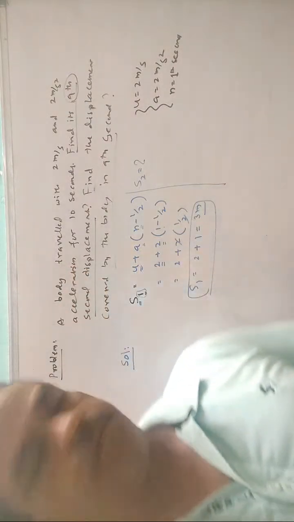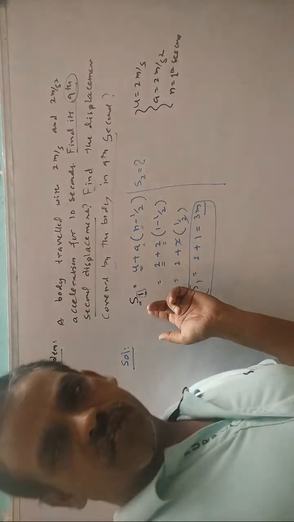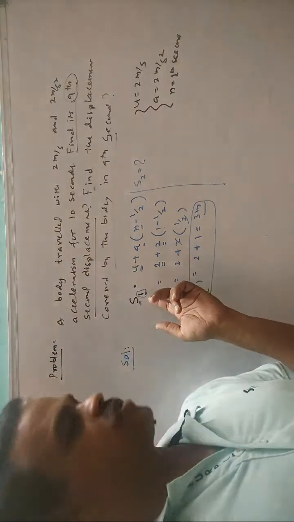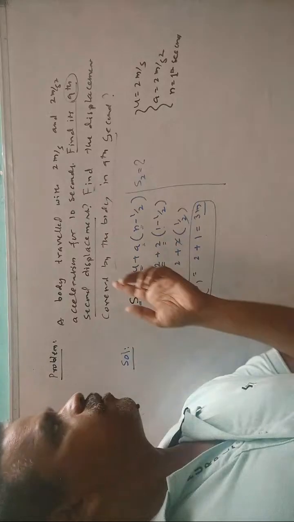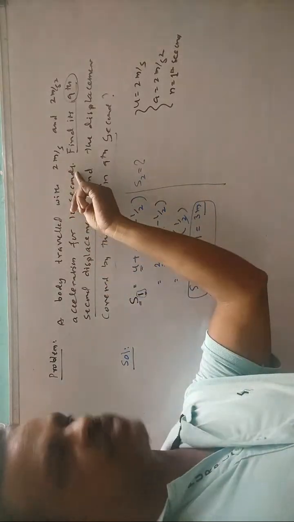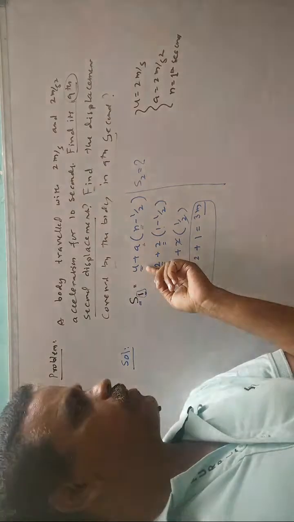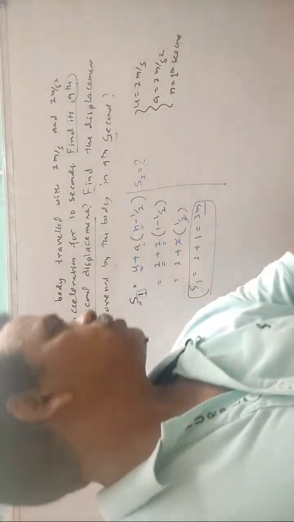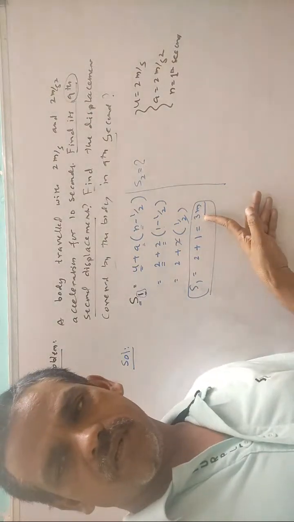So up to now we calculated S1 displacement, that is nothing but displacement in first second. Actually the body traveled for 10 seconds, so we calculated here only in first second. That is u equal to 2, a equal to 2, n equal to 1. So we got 3 meter. Is it or not? Yes.